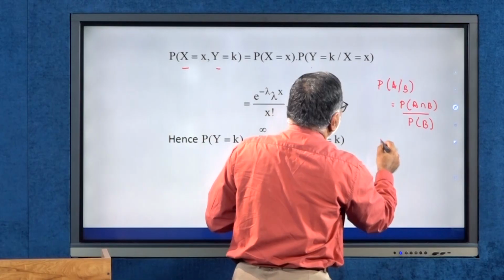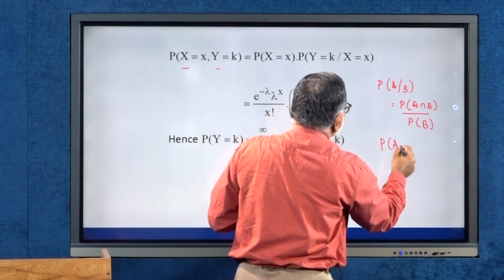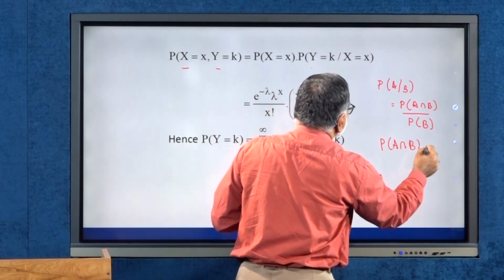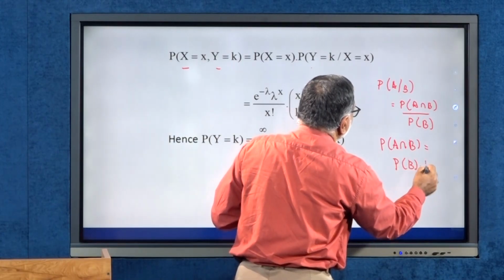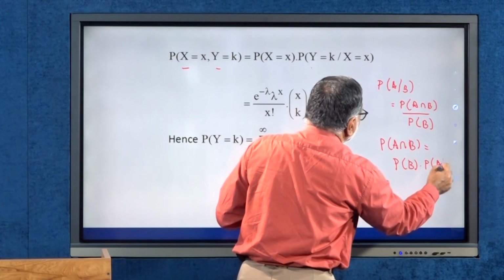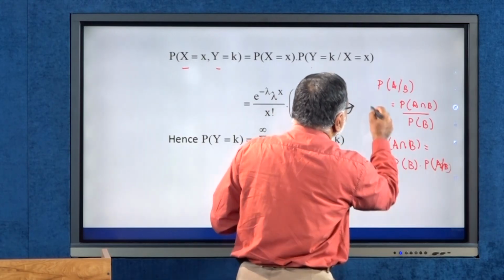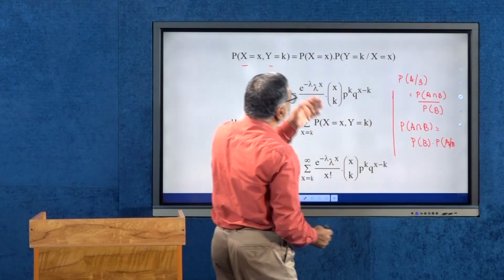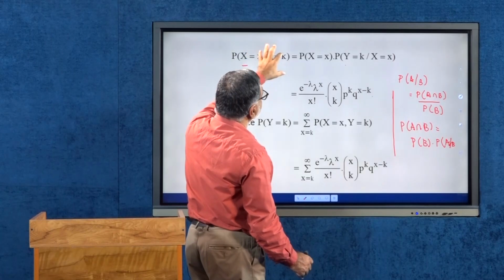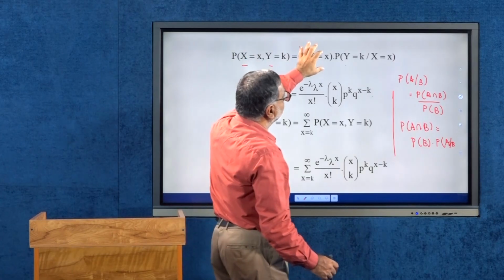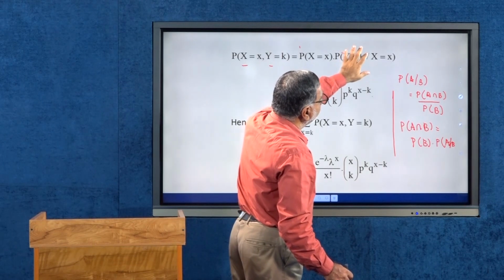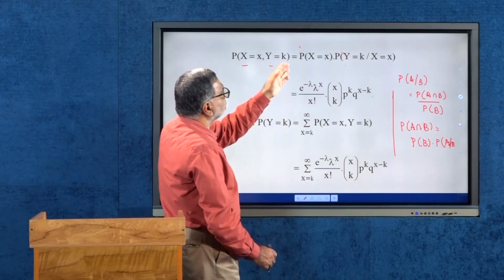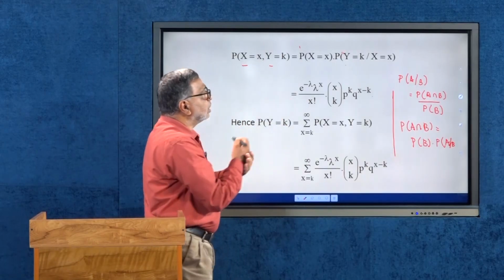So, probability of a intersection b can be represented as probability of b times probability of a given b. Apply this concept here.